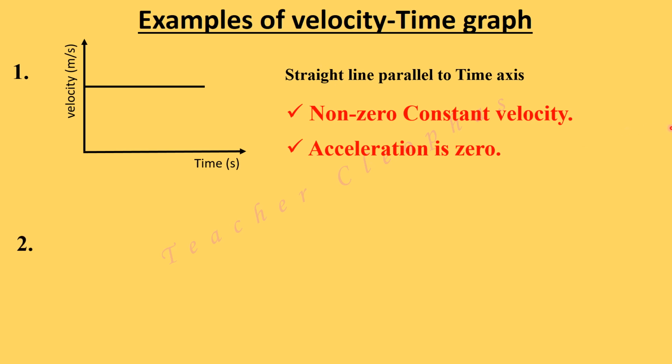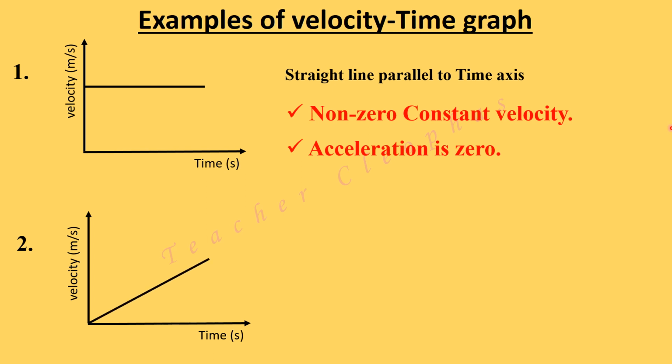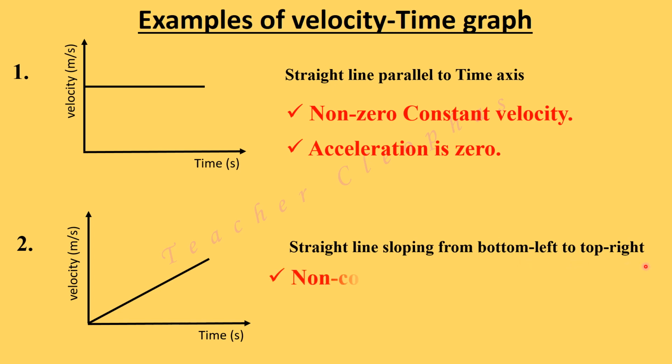Let's look at our second graph. We have time on the x-axis, velocity on the y-axis, and then this is the line we have. One thing that we can see clearly is that this is a straight line that is sloping from bottom left to top right. So it implies that this velocity is changing, and because this is a straight line, it changes uniformly.